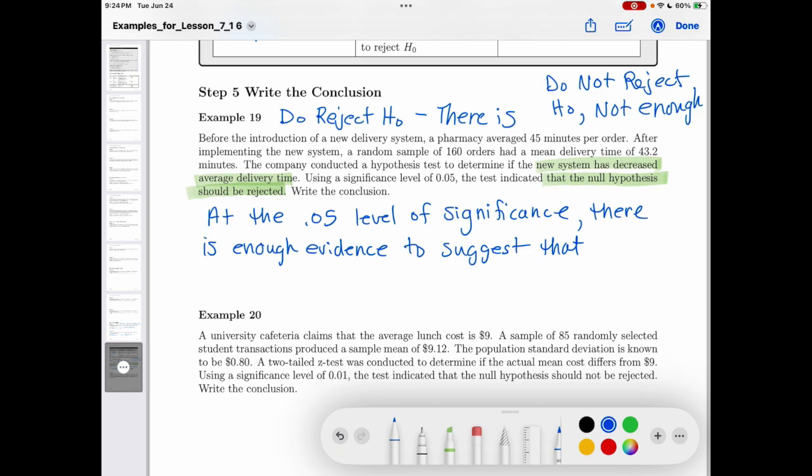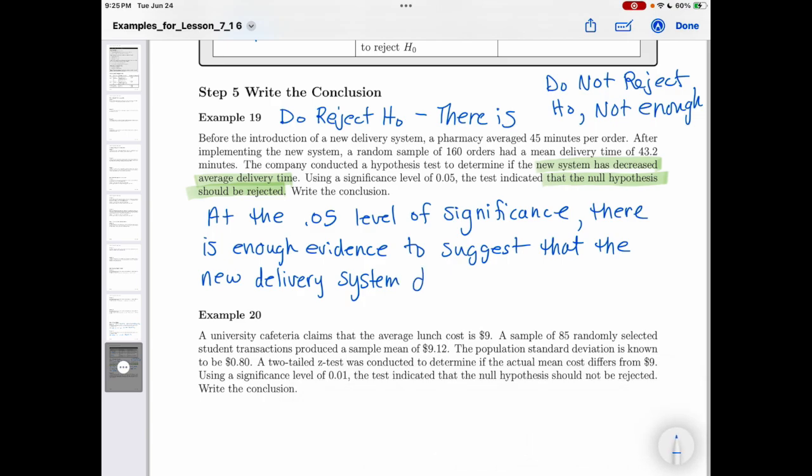So we're going to say there is enough evidence to suggest that the new delivery system decreased the average delivery time.